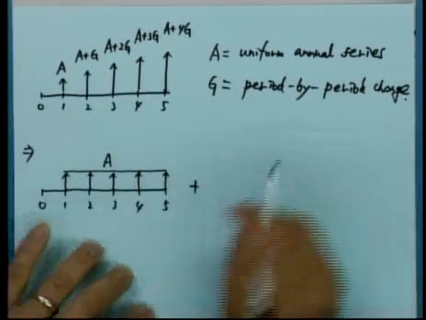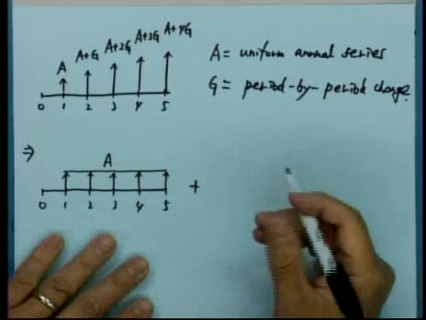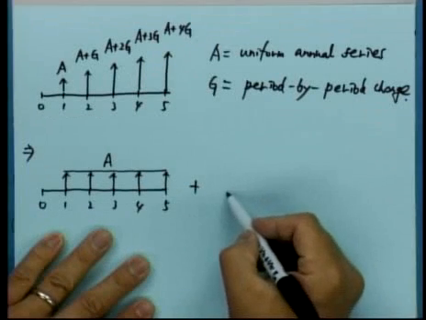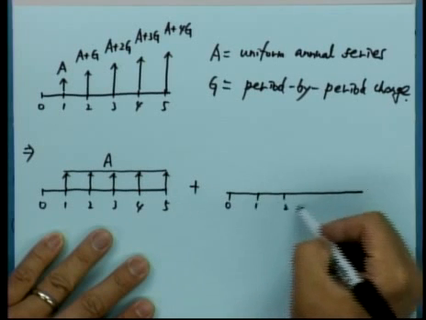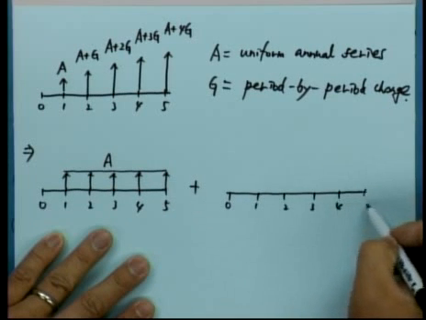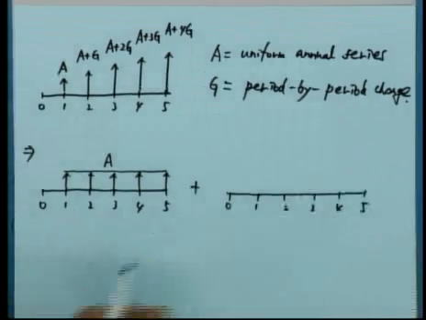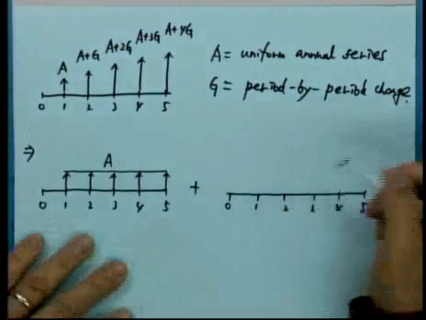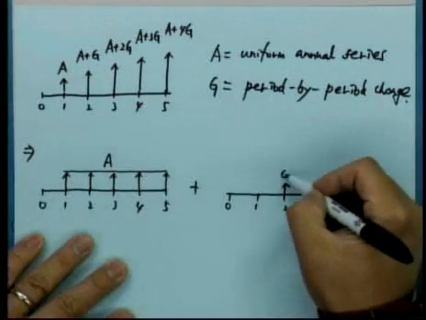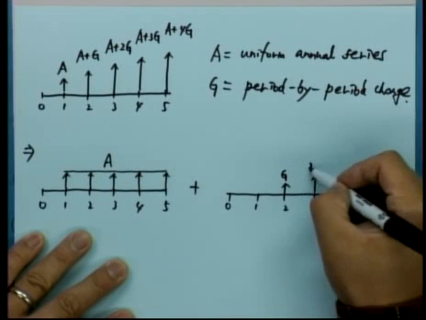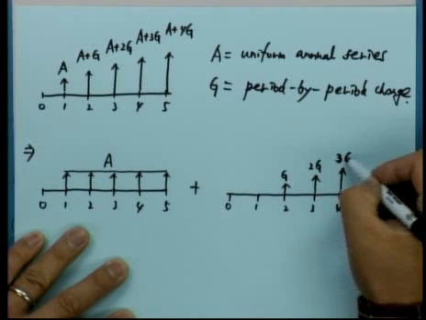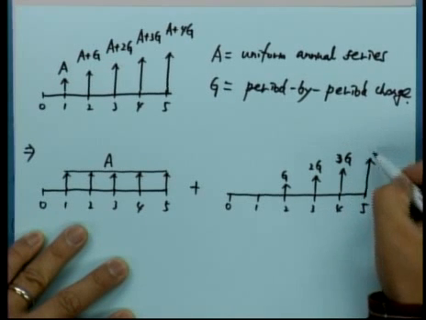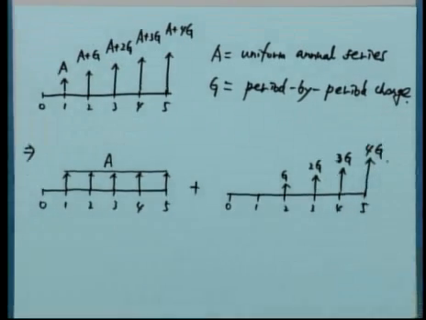Plus the arithmetic gradient series, 0, 1, 2, 3, 4, and 5. Like this, okay?